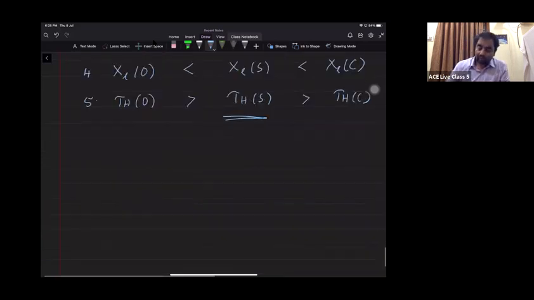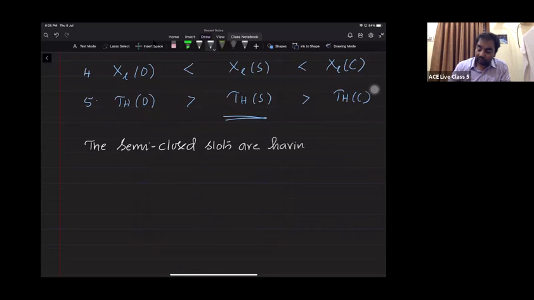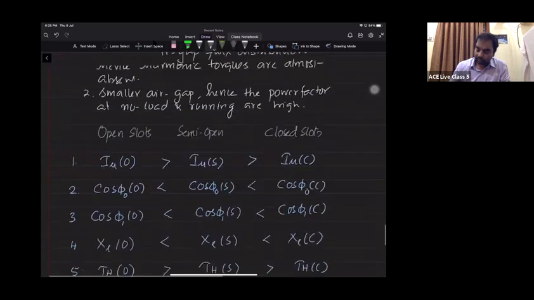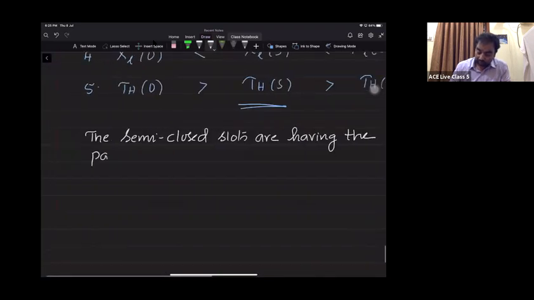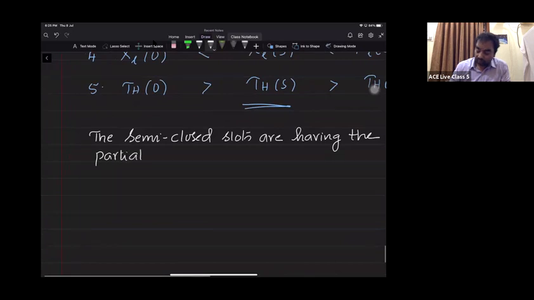Right. So can I write a note here? The semi-closed slots have the partial advantages of open slots and closed slots.